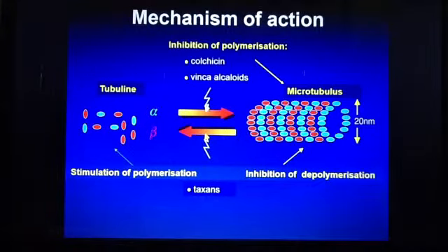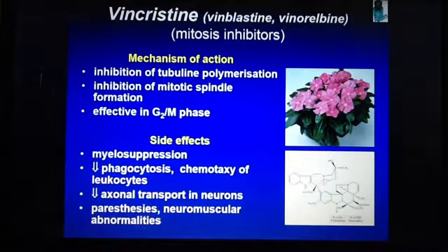So here you can see how they work. They stop mitosis. Either they freeze them or they stop them moving apart. But basically, think about polymerization and inhibition of depolymerization. Basically, stopping mitosis.